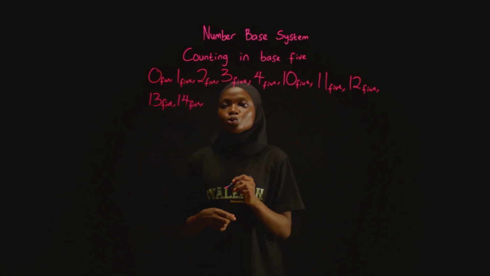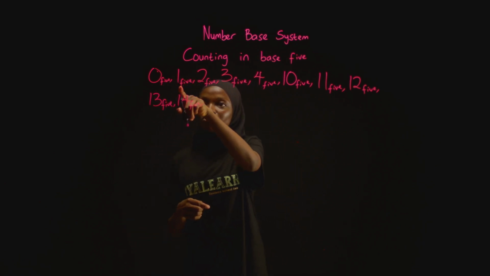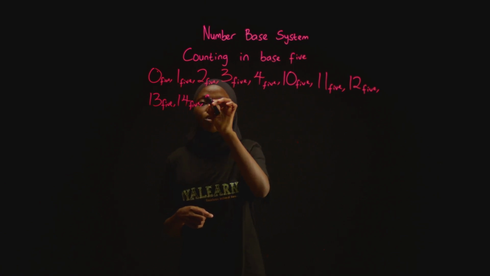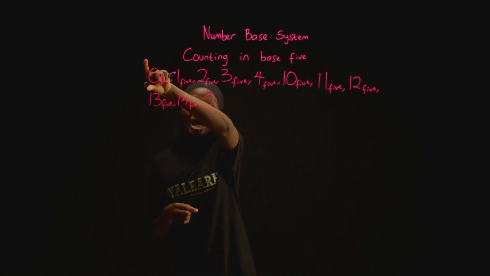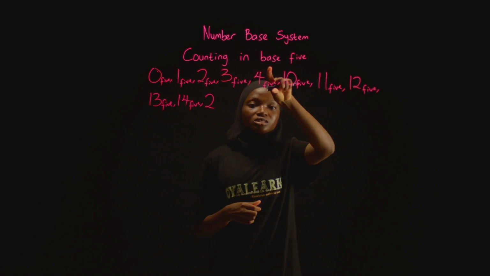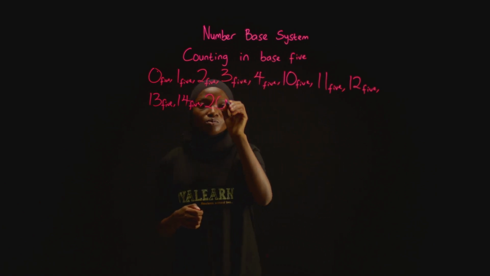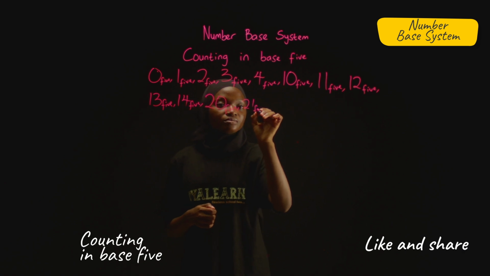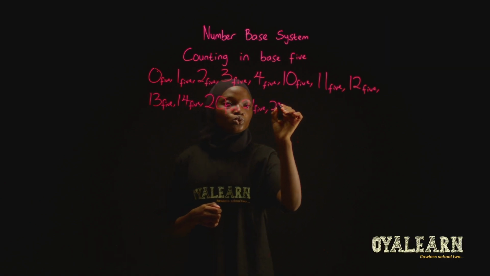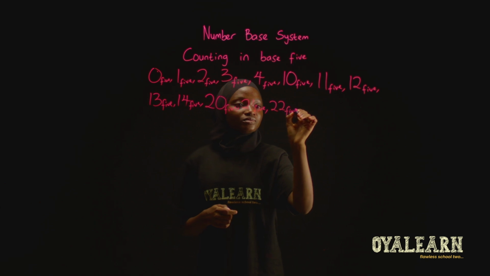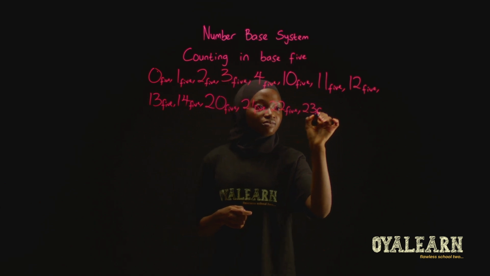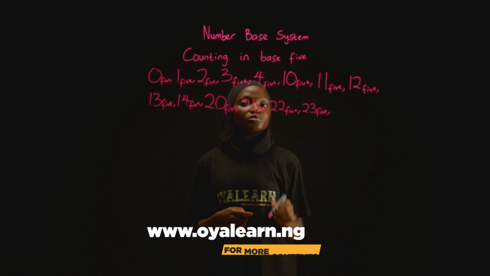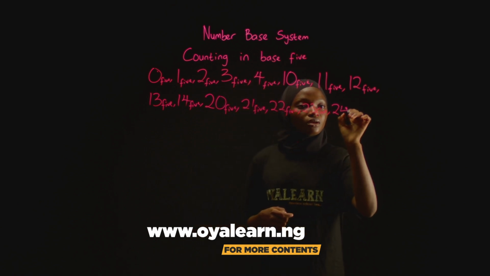Then we move on to the second highest after 1 here, which is 2. Then combine with all those digits again. So we have 2 0 base 5, 2 1 base 5, 2 2 base 5, 2 3 base 5, 2 4 base 5.